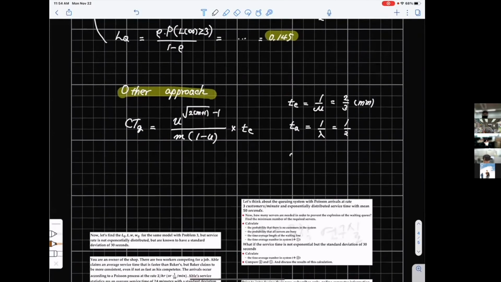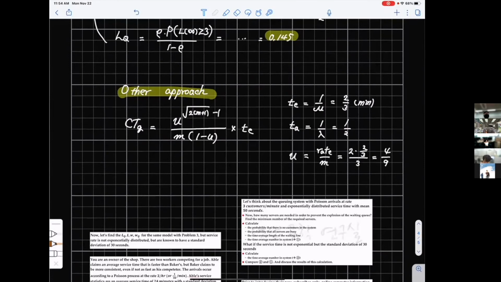And also utilization is very same with rho. This can be calculated like this. Here RA is very same with lambda, TE is like this, and M is same with the C, 3. So this result is same with the calculation of the rho on upper side.